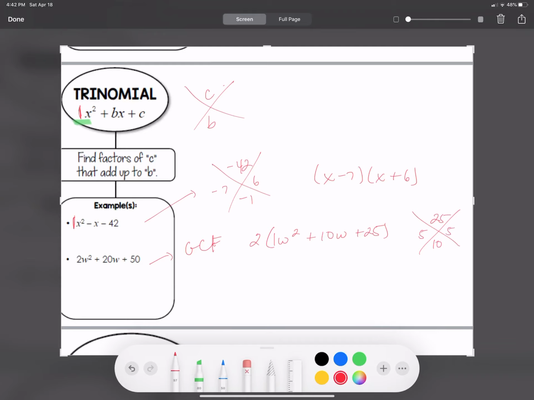Well, those factors would be 5 and 5. So I can factor that into 2 times w plus 5 times w plus 5. We can rewrite that since the w plus 5 is a repeated factor. We can just write 2 times w plus 5 squared.